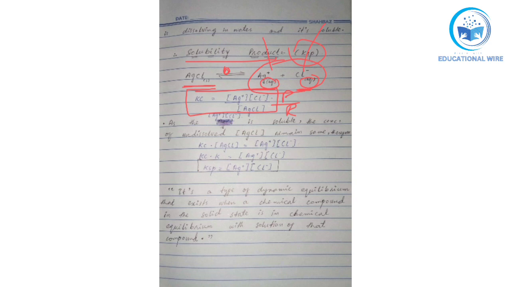So when it is soluble, the concentration of undissolved AgCl, which is the reactant, will remain the same. Therefore we will write it in the form of Ksp, solubility product. Now what happened here? It's dividing. When it goes to the other side, it will multiply.